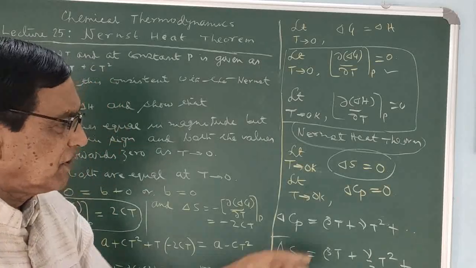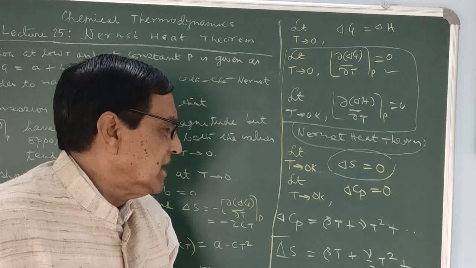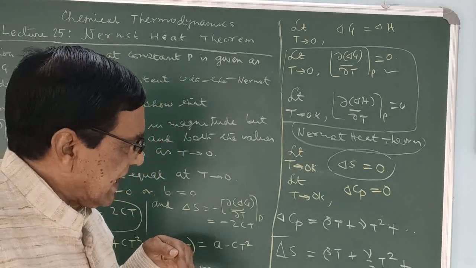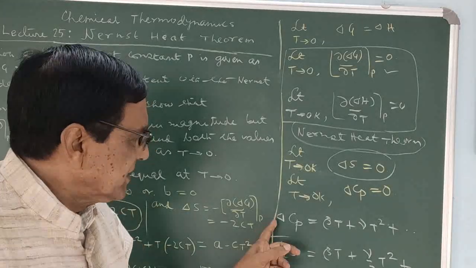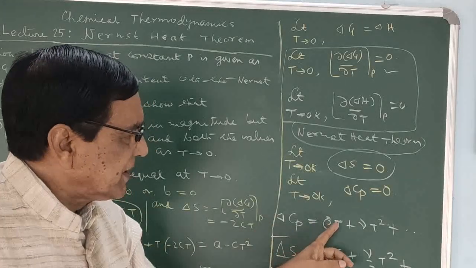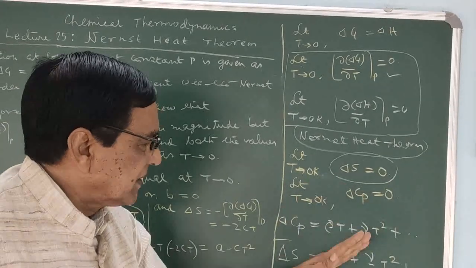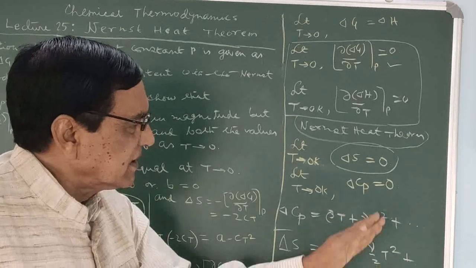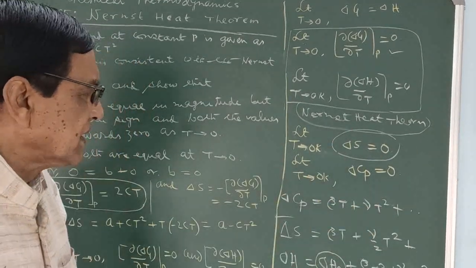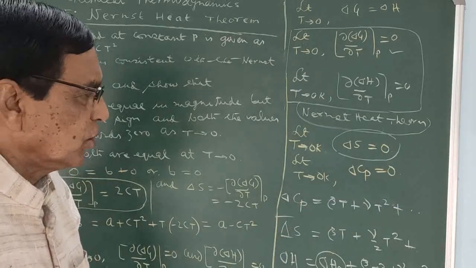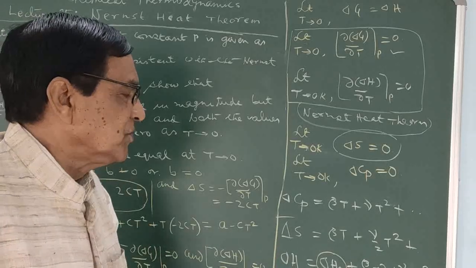From these two, I have deduced that at low temperature, at constant pressure, delta Cp is expressed as beta T plus gamma T square plus so on, and this series naturally terminates after these two terms, as the other terms are very small, the series being convergent and tending to 0.